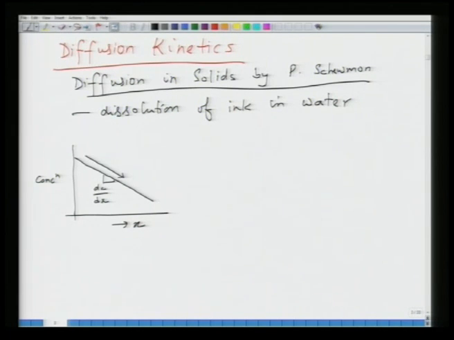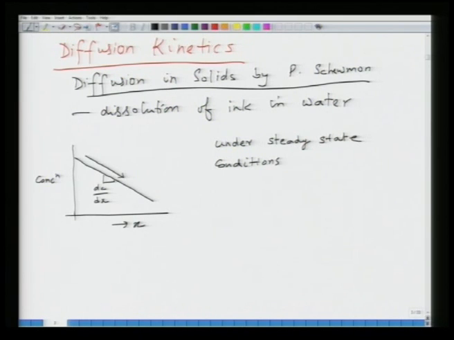And let us say under steady state conditions, steady state conditions mean that this gradient does not change as a function of time, this gradient remains constant in time.